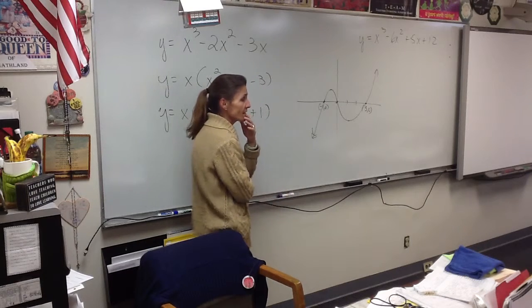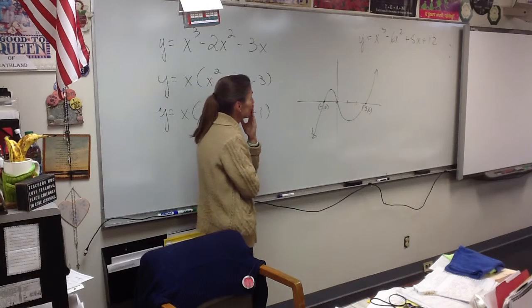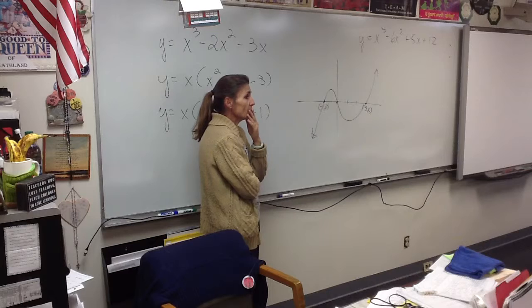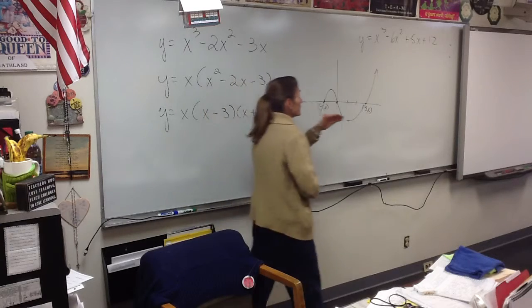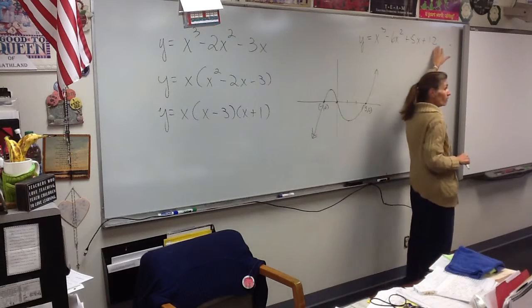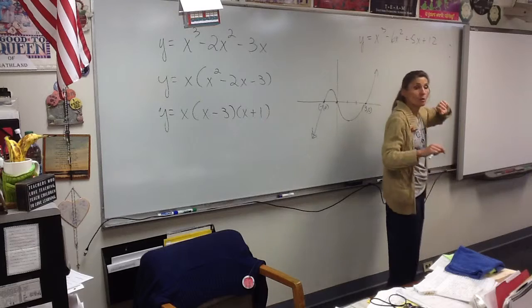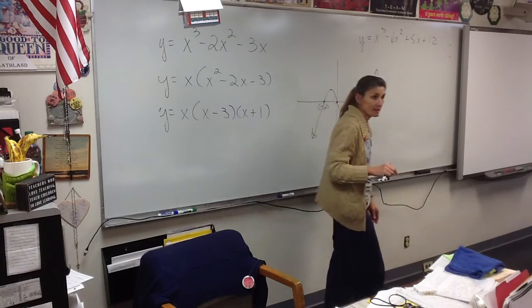What should I be guessing? Bailey? Something has to do with 12, like the most factors of 12. It definitely has to do with the factors of 12. Then the P's and Q's. Exactly.